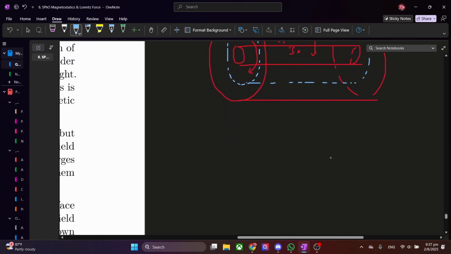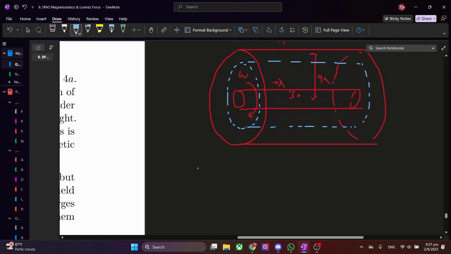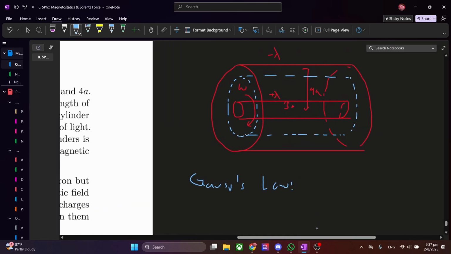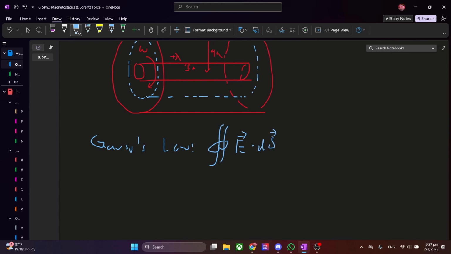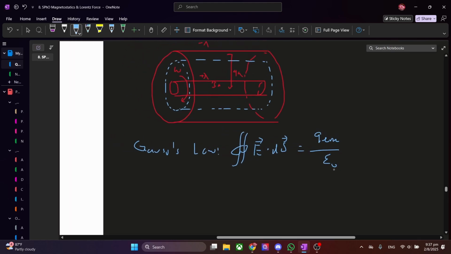So by Gauss's law, this integral of E dS is your Q enclosed over epsilon naught.